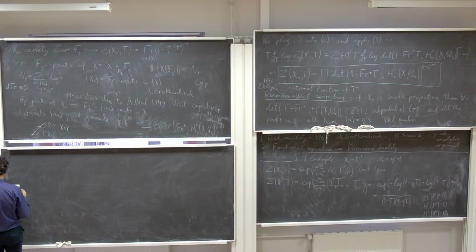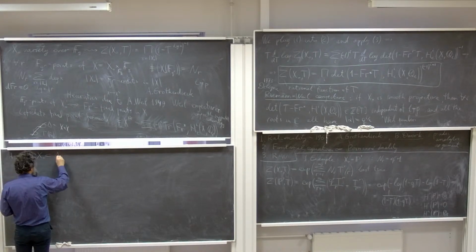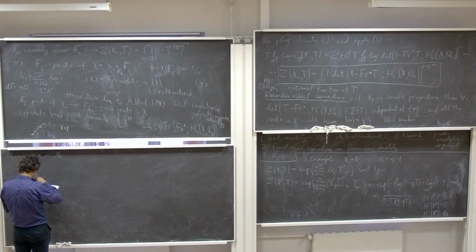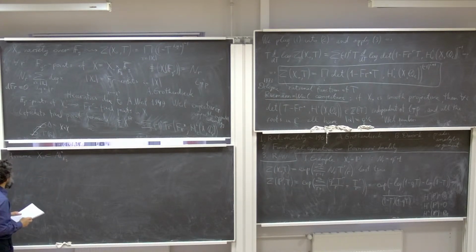All right, so in this very simplest example, it does work. Okay, so we'll need the following lemma. Assume that our variety is affine, and it lies in n-dimensional affine space.